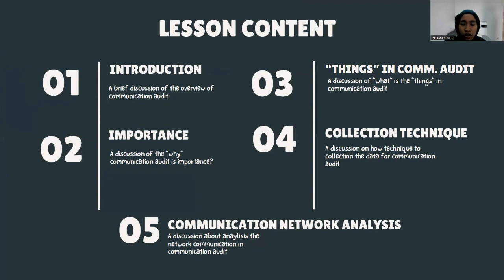The third is the things in communication audit, and the fourth one is collection technique, how to collect the data for communication audit. And the last one is communication network analysis, which is about analyzing the network of communication in communication audit, of course.